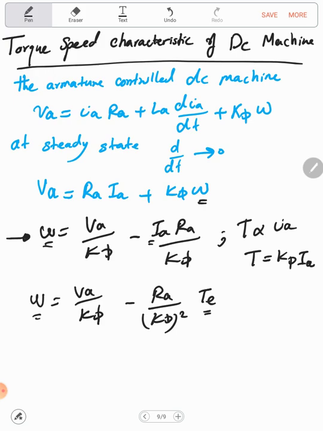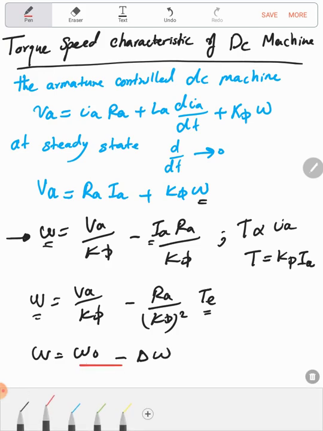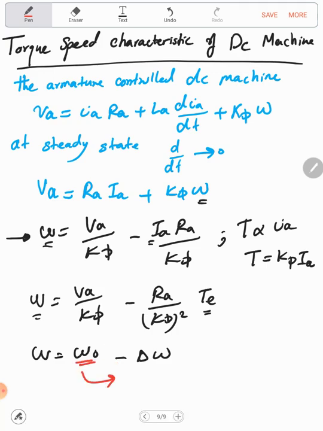Now if we are trying to plot it, simply we will find that omega will equal omega 0, what we call the no load speed, minus delta omega. Now from here, omega naught depends on the flux and the armature voltage, which will equal VA over K phi, while the drop voltage or the slope depends on the resistance and the flux.